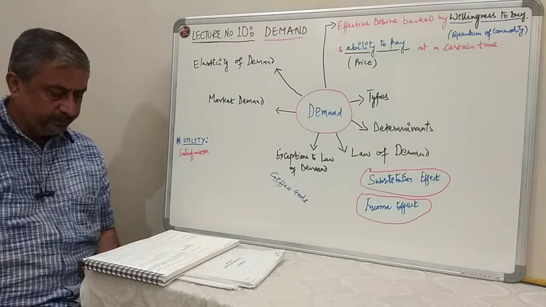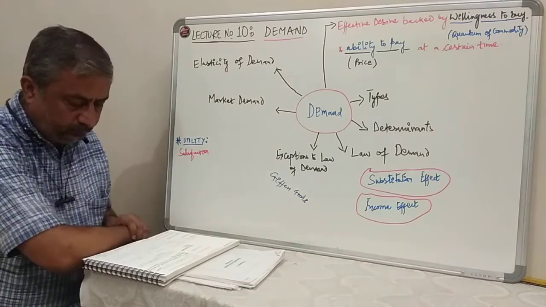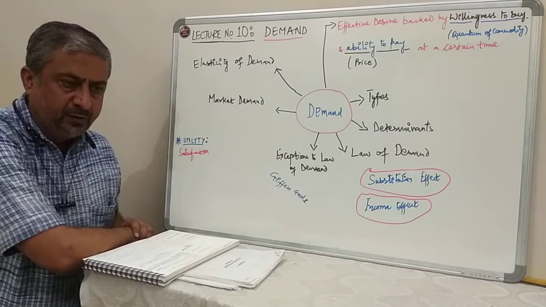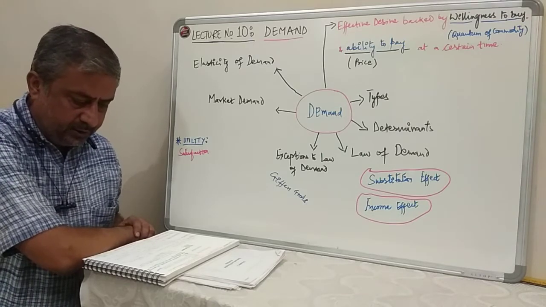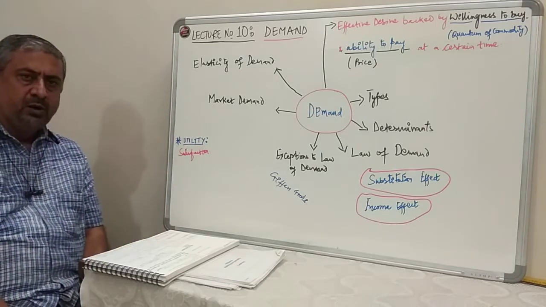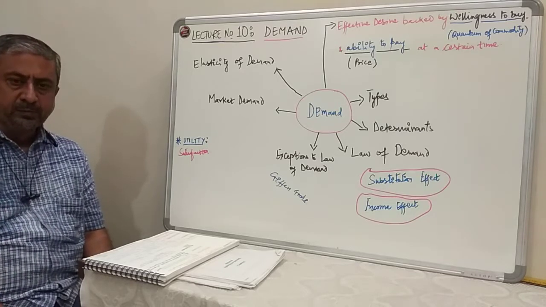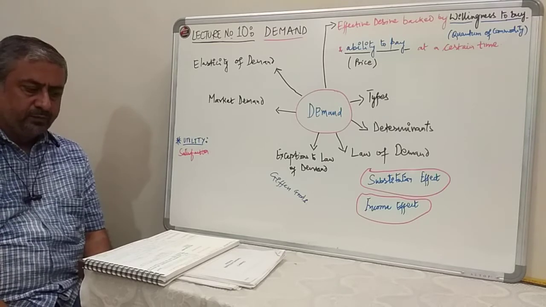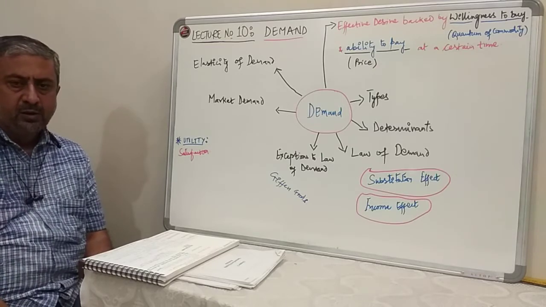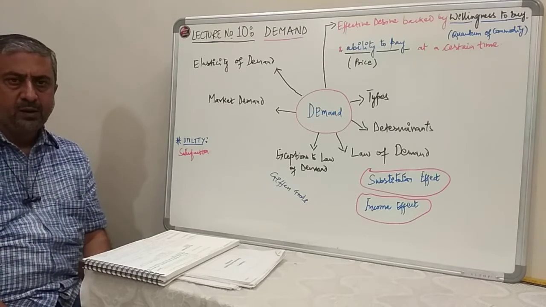Now, what are Giffen goods? If price goes up, demand for Giffen goods goes up. That is, they have a direct price-demand relationship, like I told you, inferior goods or cheaper goods. If the price of Giffen goods goes up, then also people will buy, right?